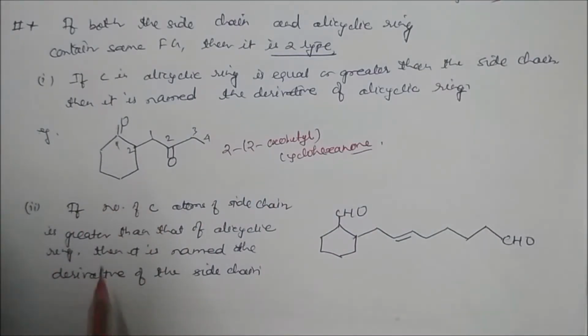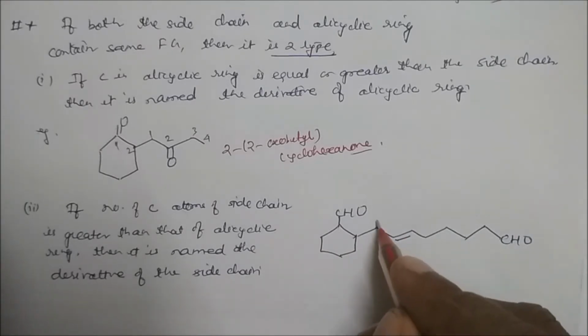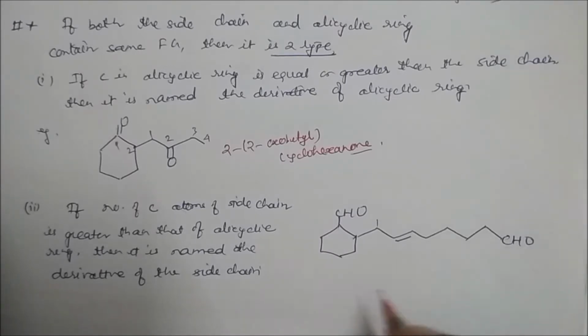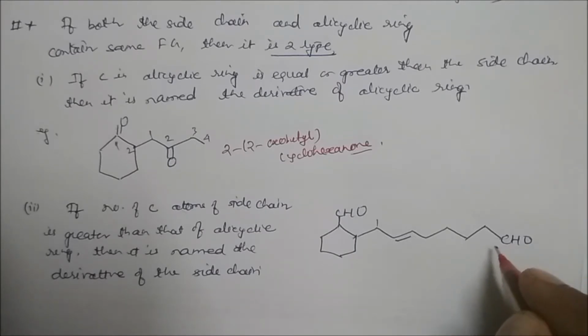So now I think you understood from these examples. Now let us see the second one. If the number of carbon atoms of the side chain is greater than that of the alicyclic ring, as you can see here, then it is named as a derivative of the side chain. How? Let's write it. We have to start from the functional group, right here. This is an enol.